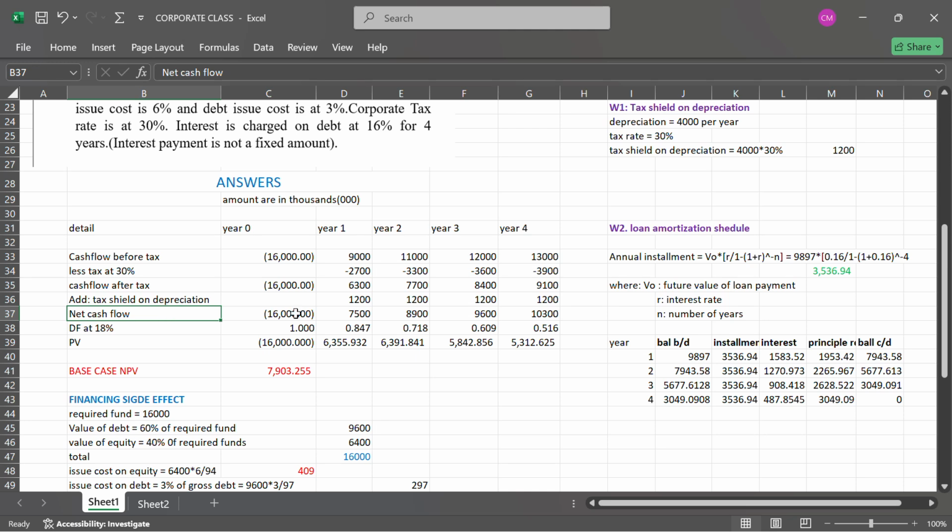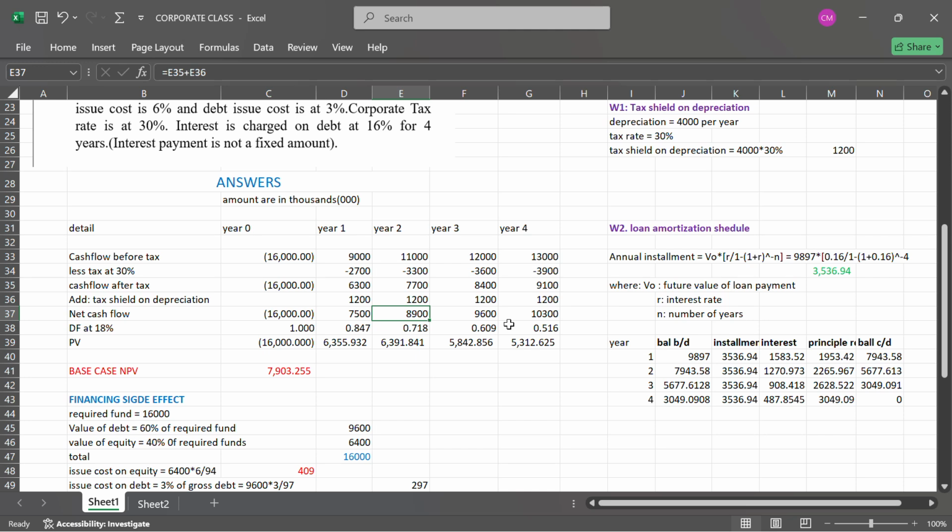Net cash flow, as you see, obviously year 0 there is no change, but year 1 will be increased to 7,500. Year 2 will be 8,900. Year 3 will be equal to 9,600, and year 4 will be equal to 10,300.